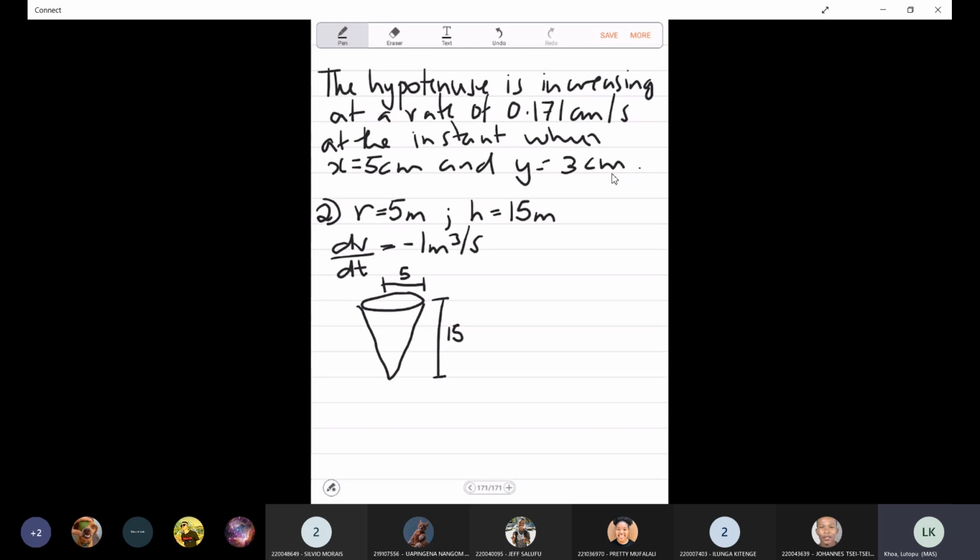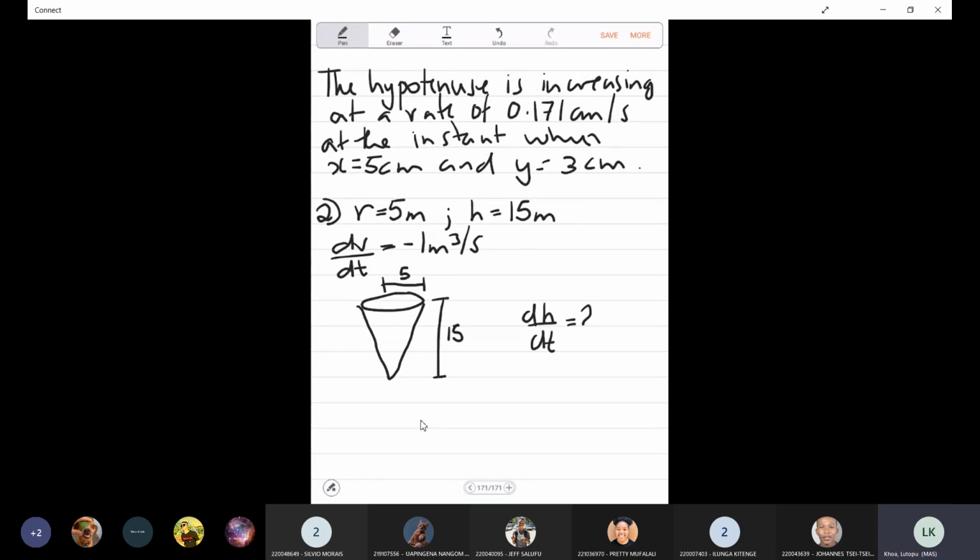Okay, and what we are looking for is at what rate the water level decreases. So when we're talking about the water level, we're talking about the height, because whatever level the water is, that is the height of the water in the cone. So we're looking for dh/dt.